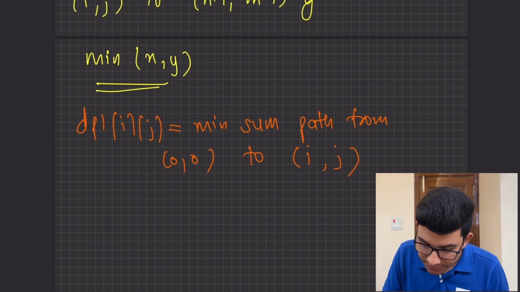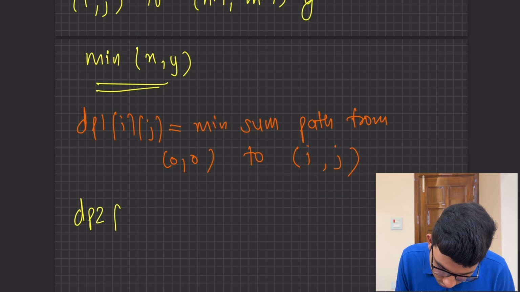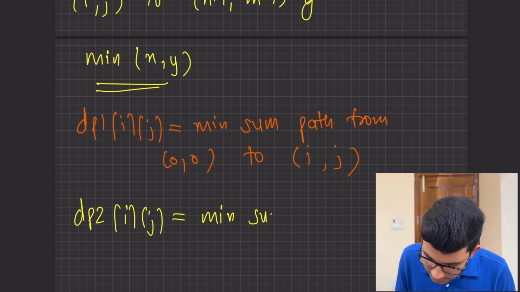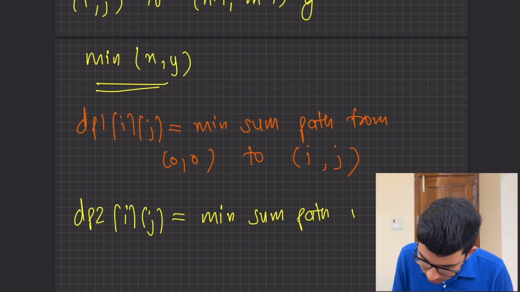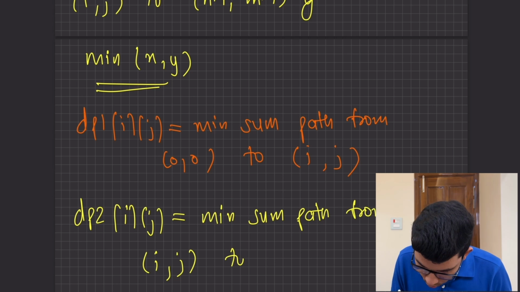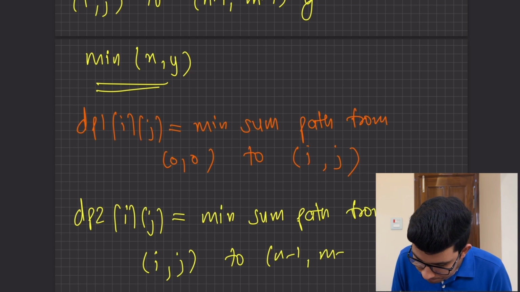And let's define another dp state, dp2 of i, j, which is equal to the minimum sum path from i, j to n minus 1, m minus 1.